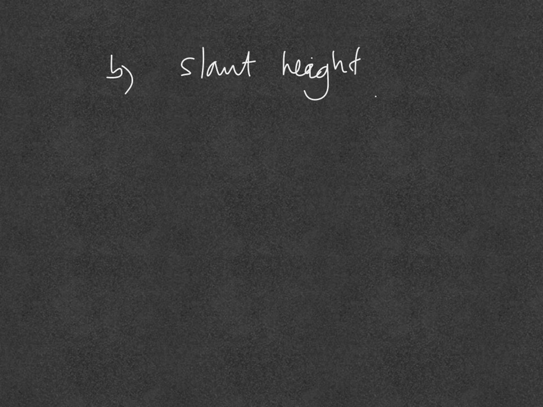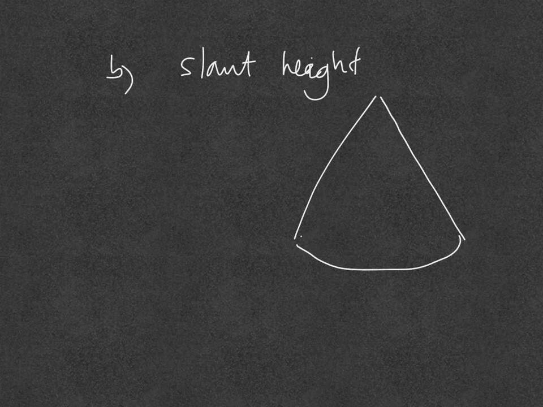That's B, the slant height. And slant height, what does that mean? Well, it's not simply the height, obviously, so it has to mean something else. So it's this distance along the side here. So this is the slant height.